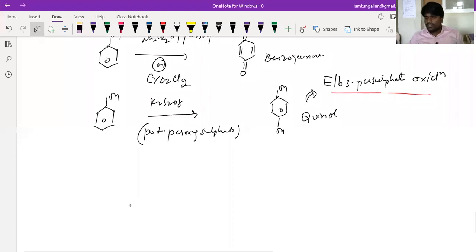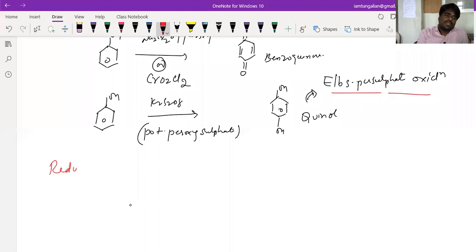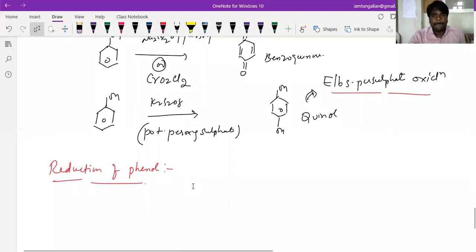Okay, so these are all the different oxidations of phenol. If you are talking about the reduction of phenol, what happens here?